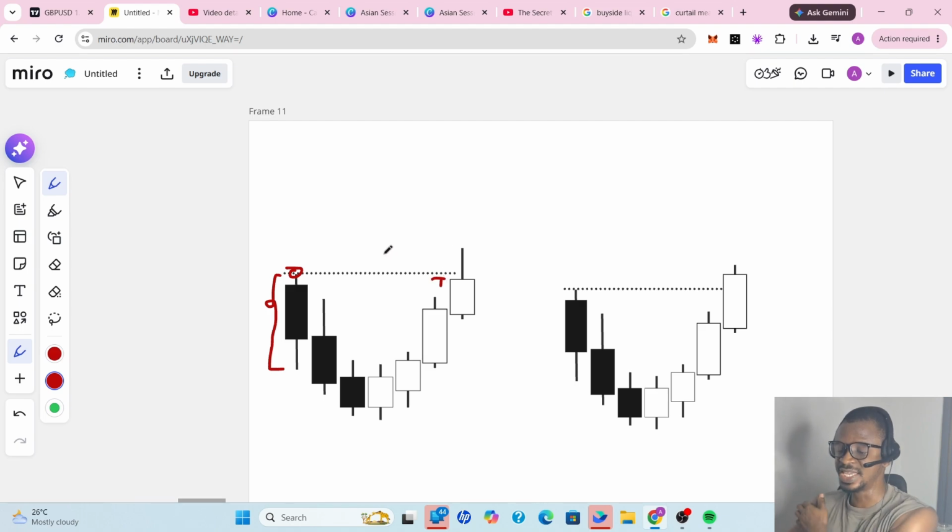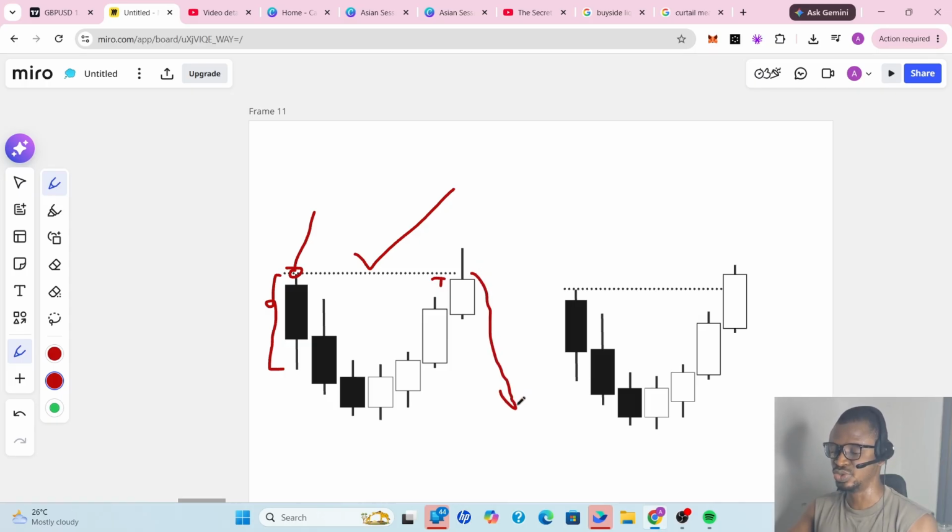So that makes it a valid liquidity sweep for us, because after the candle wicks the liquidity out towards the upside, it pushes back and closes within. This makes it a valid liquidity sweep, and price will likely push towards the downside.